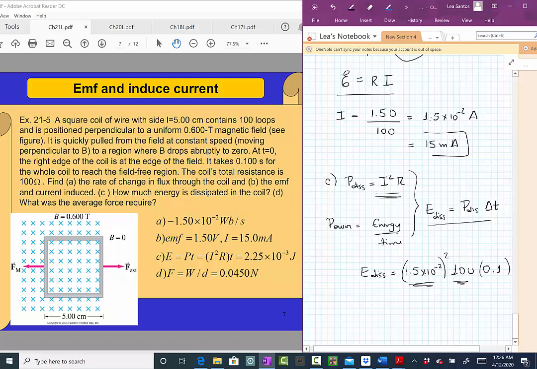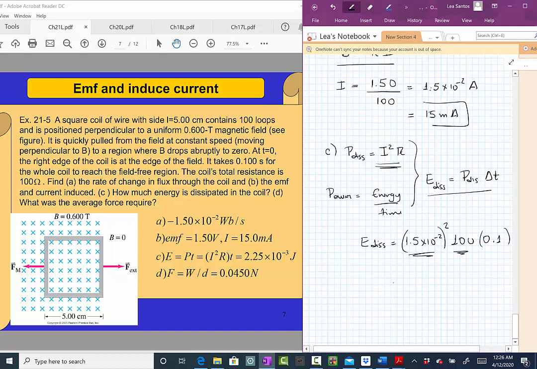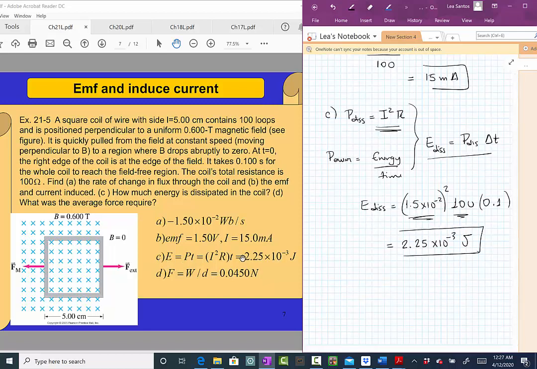So if you put all this together, and if we do everything correctly, we should get 2.25 times 10 to the minus 3 joules, no? Because I used all the units in the international system, so I get the energy in joules, and that's what you're seeing here.